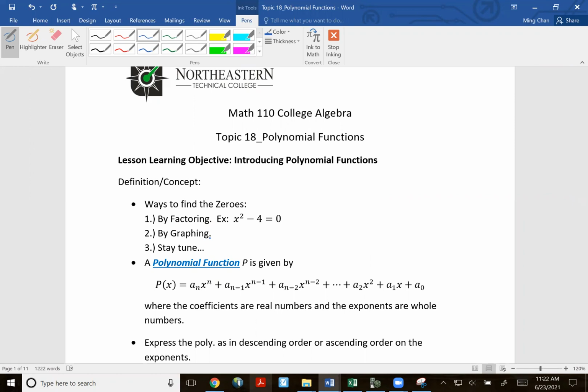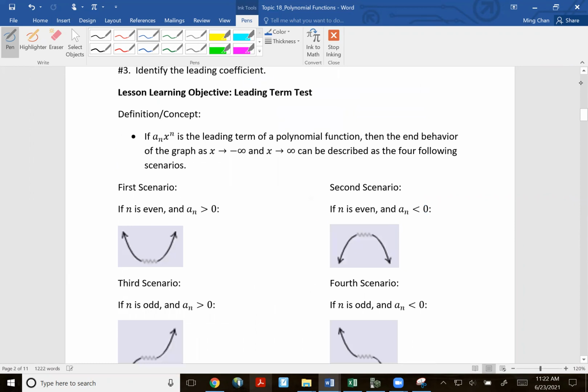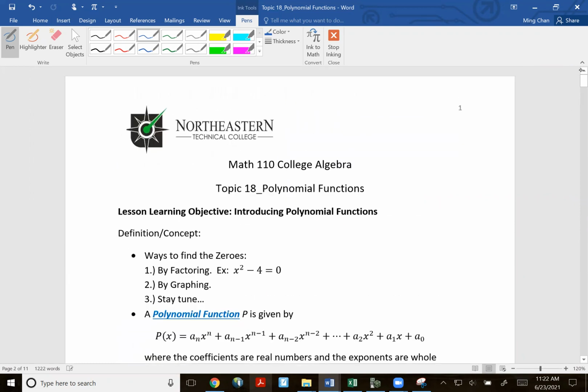All right, I'm just going to use this problem, for example: x squared minus 4. If I want to find a zero of the function by factoring, remember, the zero of a function refers to y being 0. Our job is to solve for x.